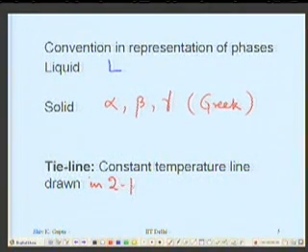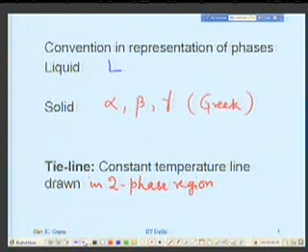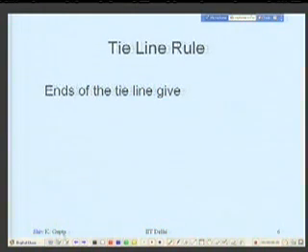That's important. This is not drawn in a single phase region. Once we do that, the ends of the tie line are at the ends of the 2-phase region, and they give the compositions of the 2 phases which are in equilibrium.